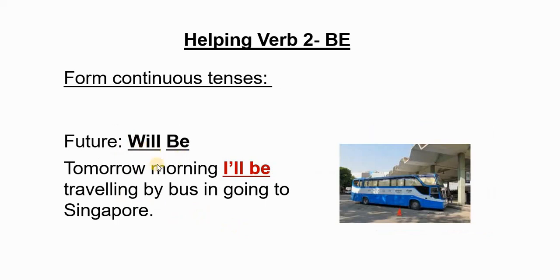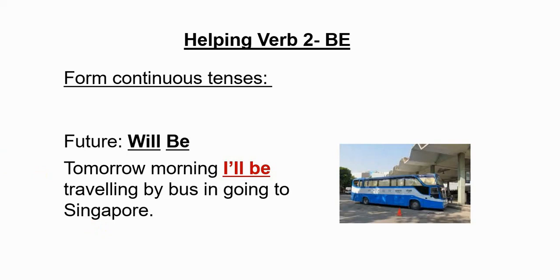For example, tomorrow morning, I'll be traveling by bus going to Singapore. So notice here, guys, you have here I will. So I'll is a contracted form of I will, apostrophe LL. Tomorrow morning, I'll be traveling by bus going to Singapore.